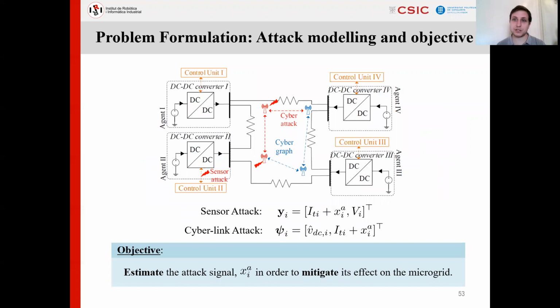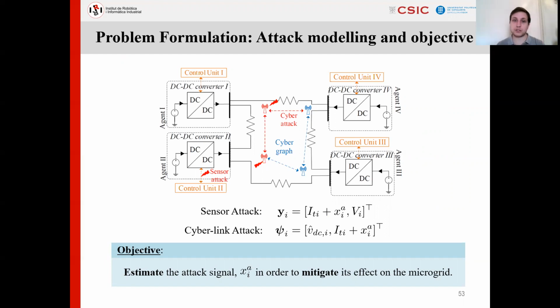Indeed, this PhD thesis focuses on a DC microgrid, which has a control algorithm that requires measuring the local current at each converter and sending this current information through a communication link. Therefore, there is a possibility of attacking the local current sensor or the communication link that sends this current information.